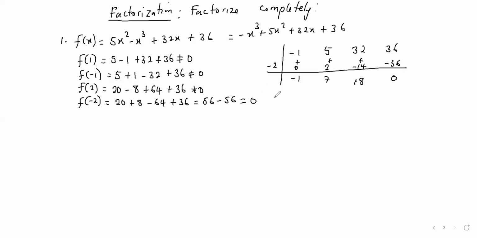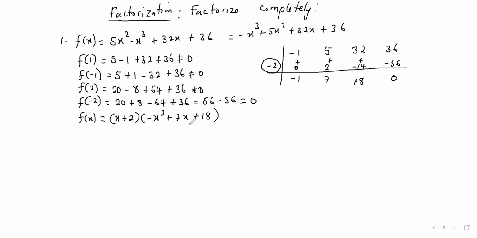Okay, so I can now write f of x as x plus 2, because it's a negative here, so it will be a plus 2 here, multiplied by, this was power 3 divided by power 1, so we're going to have minus x squared plus 7x plus 18.